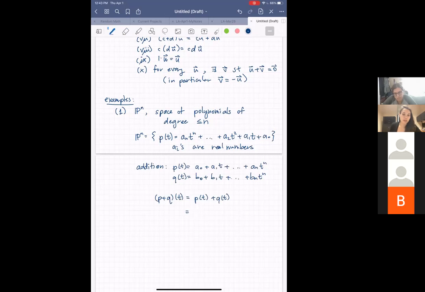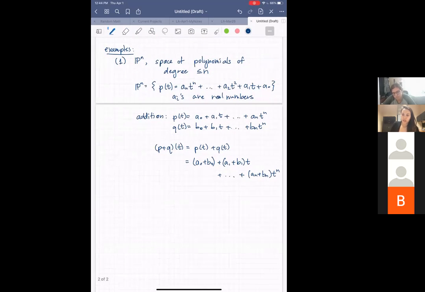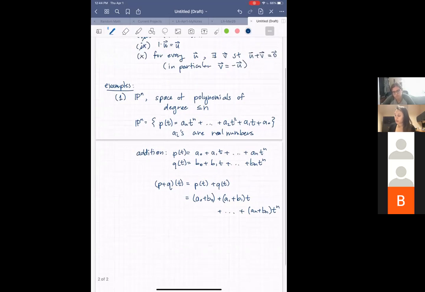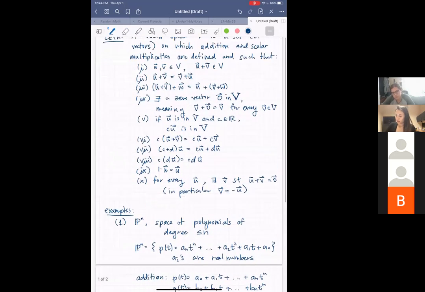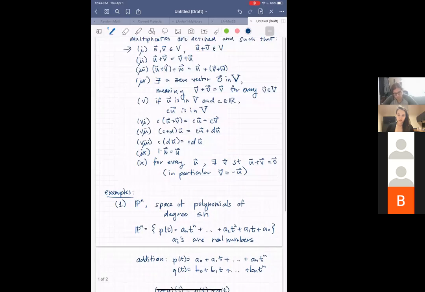So we get a_0 plus b_0, plus a_1 plus b_1, we can actually group these, all the way up to a_n plus b_n times t to the n. When we write it this way, it's pretty clear that this will also be a polynomial in our space. So we do have that property, the first one in our list.